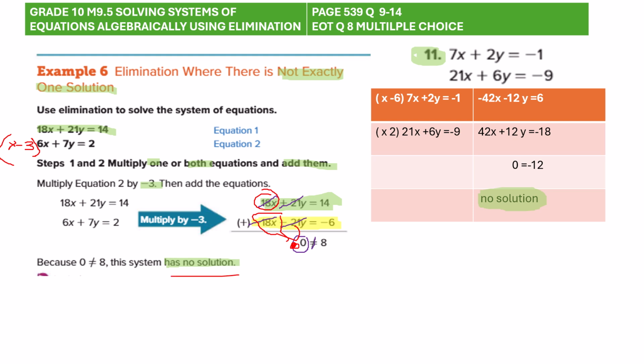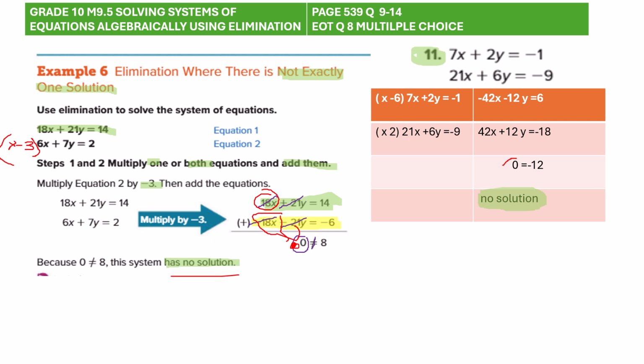If we look at number 11, if you multiply the first equation by negative 6 and your second equation by 2, you would find that negative 42x minus 12y cancels with 42x plus 12y.